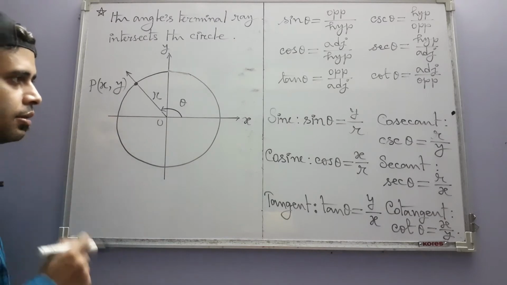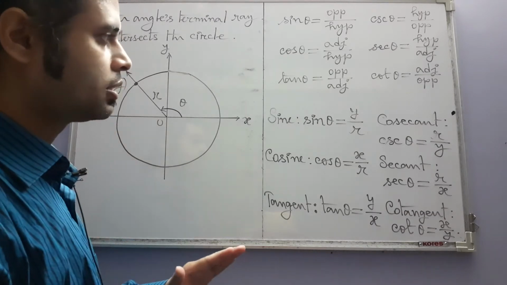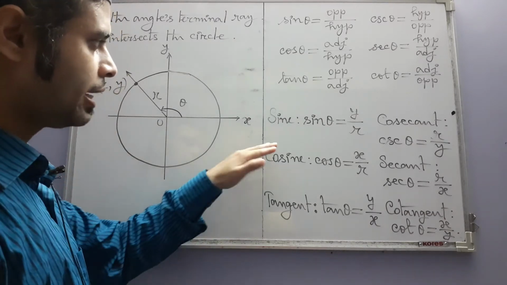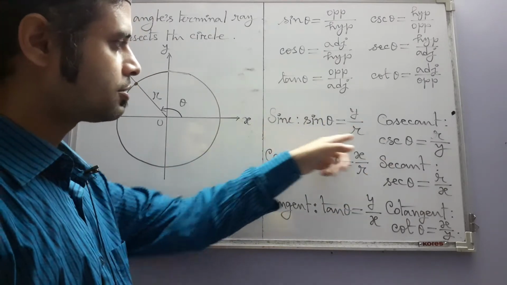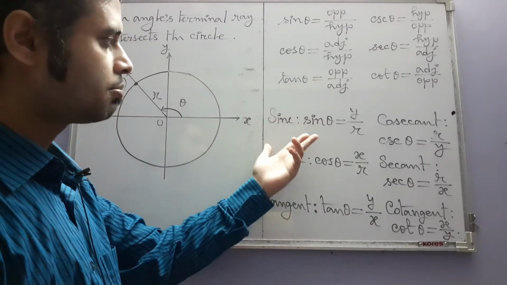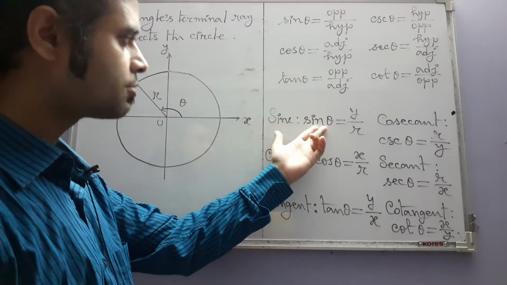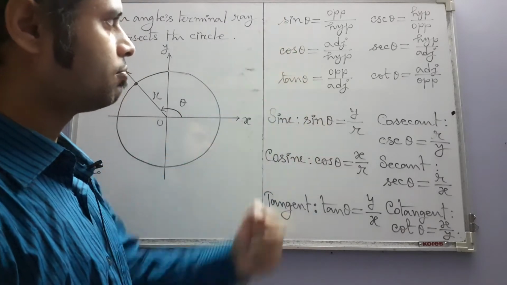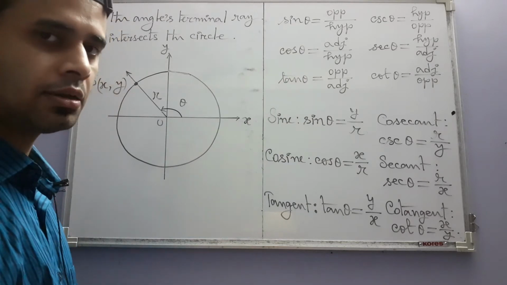Now a natural question arises: why are we calling these things also sine theta, cos theta, etc.? What is the relationship between this function sine theta and this function sine theta? Why do they have the same name?